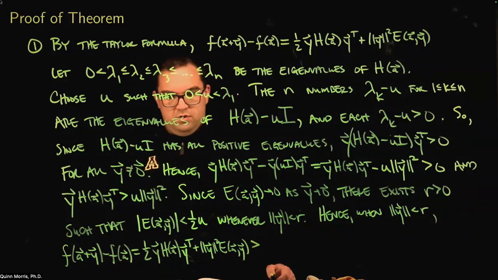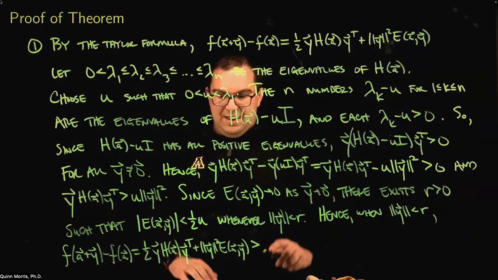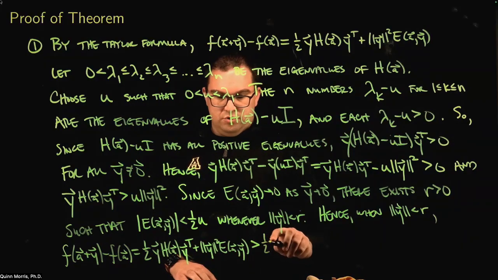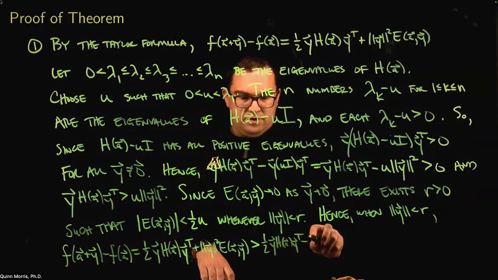Well, one way to make this smaller is to subtract off instead of adding here, since this could be negative. I'll leave the first term alone. Then I'll subtract off the norm of y squared times the absolute value of E of ay.